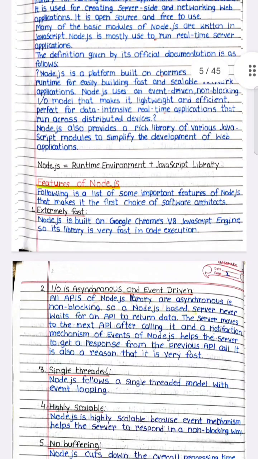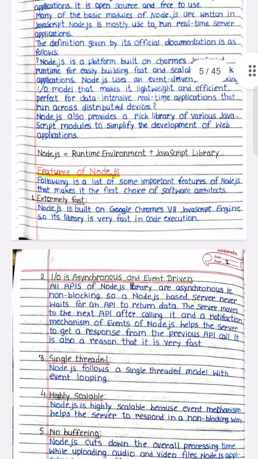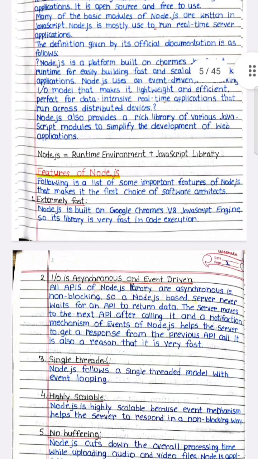Now we will see the features of Node.js. It has a list of important features which make it the first choice of a software architecture. So why are we using Node.js?